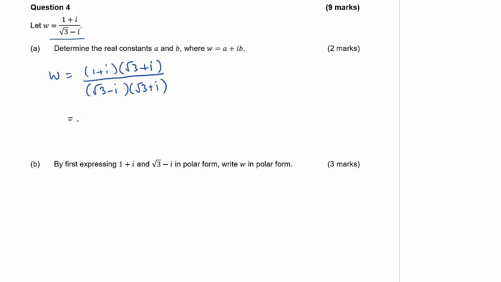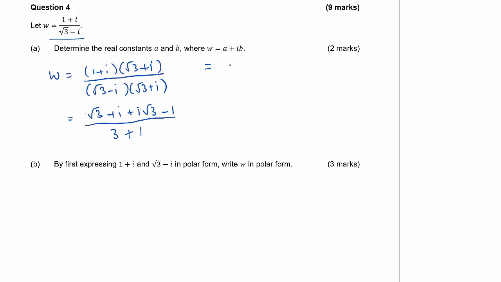So the top is going to give me root 3 plus i root 3 plus i squared, which is going to be minus 1. On the bottom, root 3 times root 3 is 3. Take away i squared, so that will end up being plus 1.